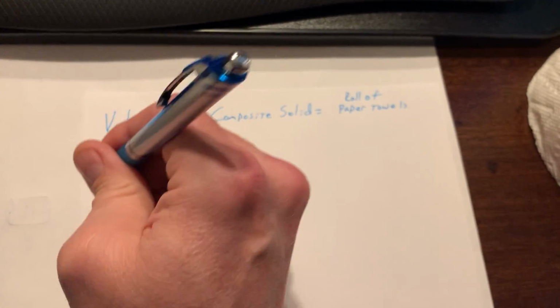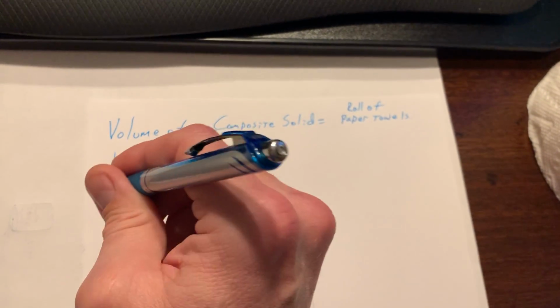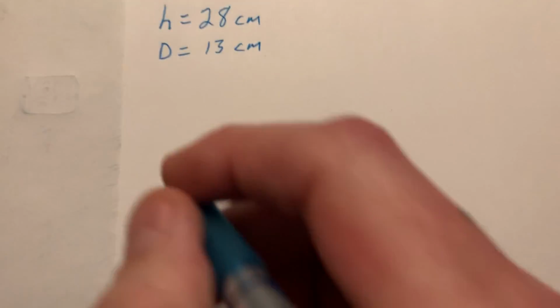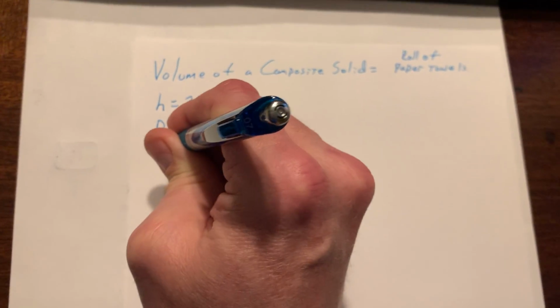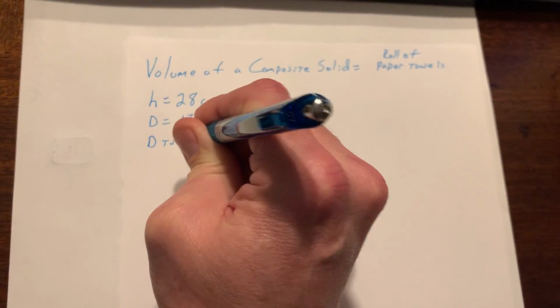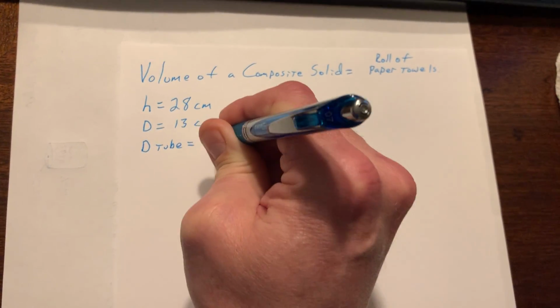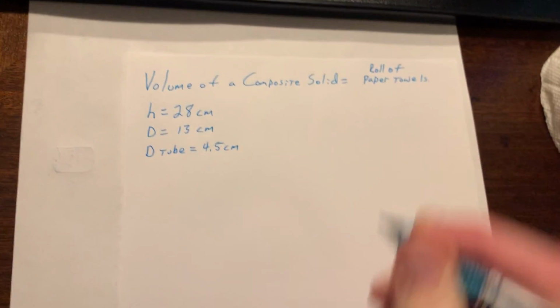And we will need to know the diameter of the cardboard tube that goes down the middle of the roll of paper towels. And the diameter for the tube equals 4.5 centimeters.